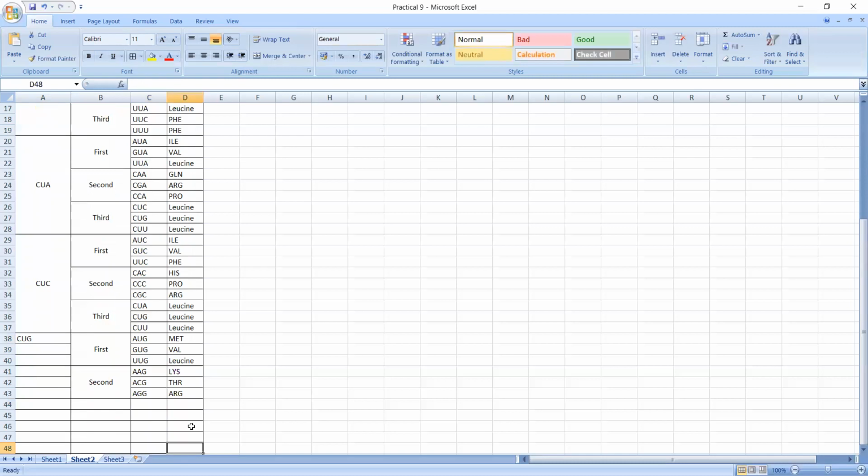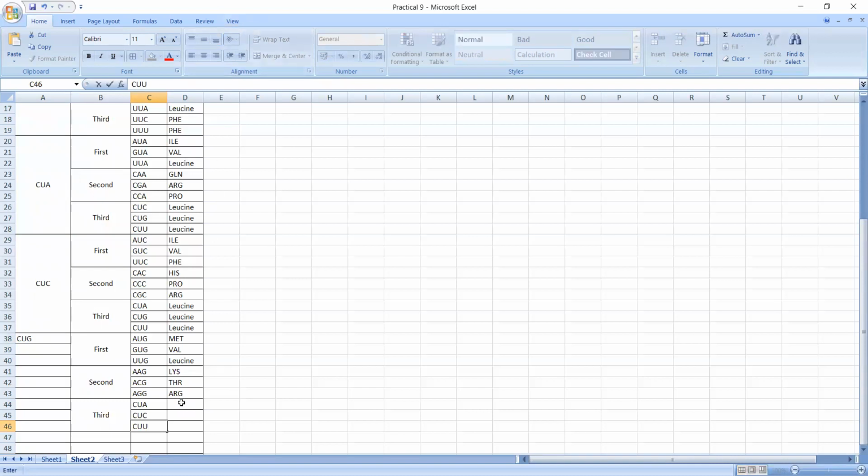Now let us see what happens if there is a change in its wobble base, that is the third base. What is the third base here, students? It's a G. So it will be CUA, CUC, and CUU.